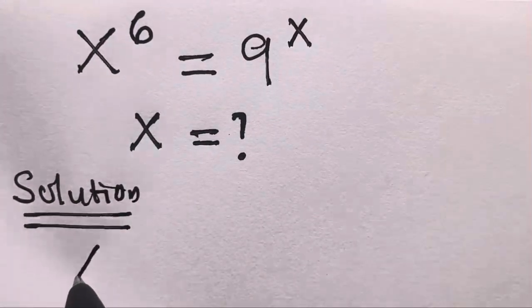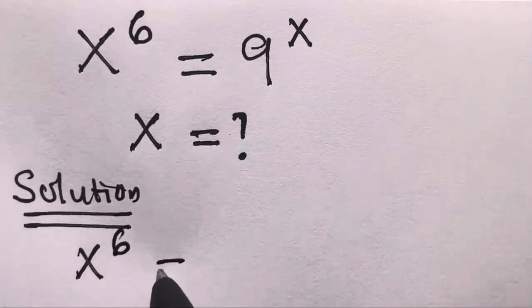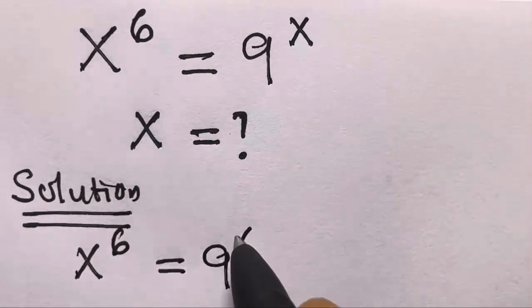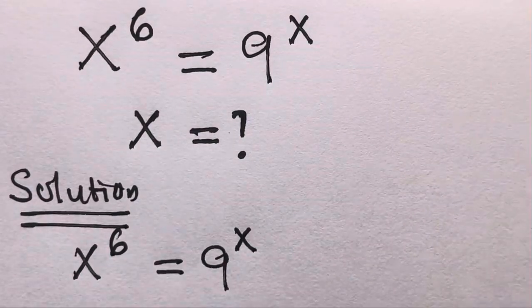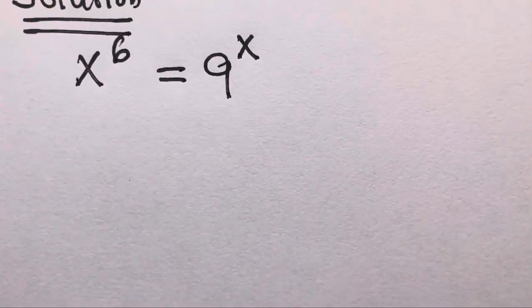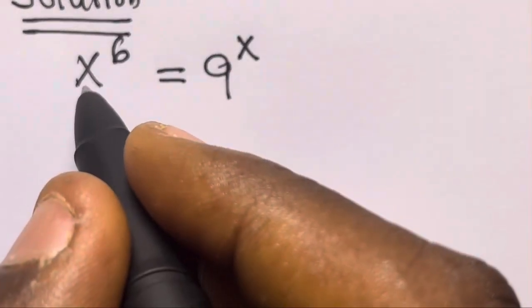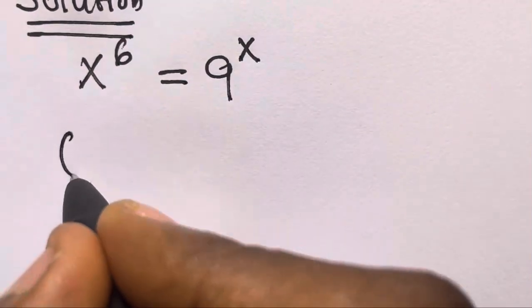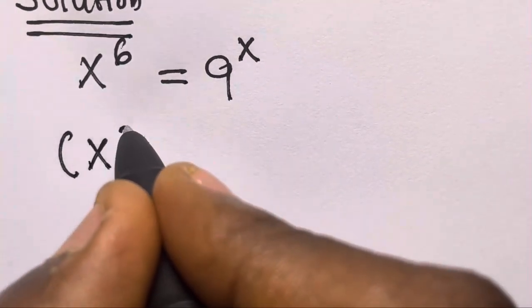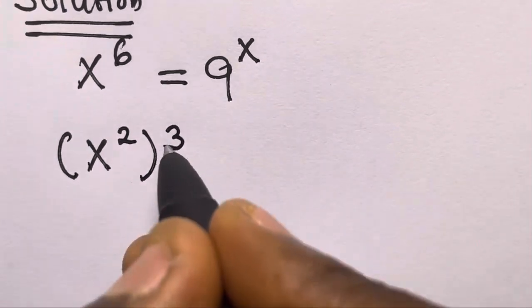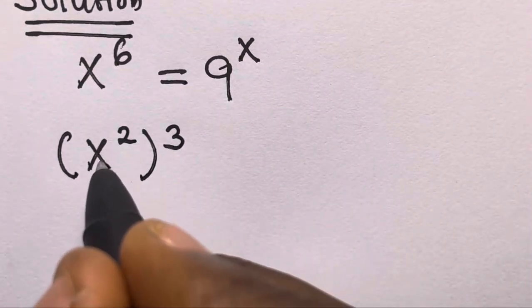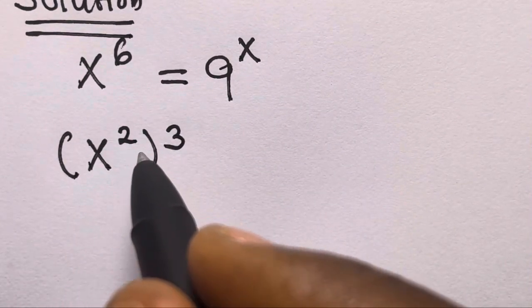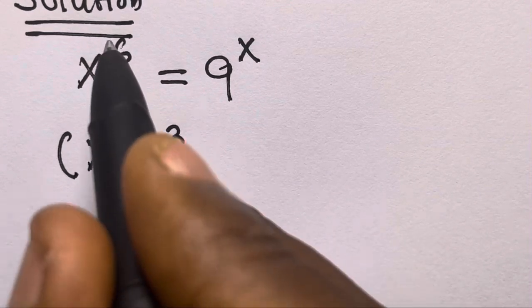I have x raised to power 6 equals 9 raised to power x. So from here, this becomes x squared raised to power 3. From the product power law, when a number which is equal to a certain power is again raised to another power, the powers are multiplied.